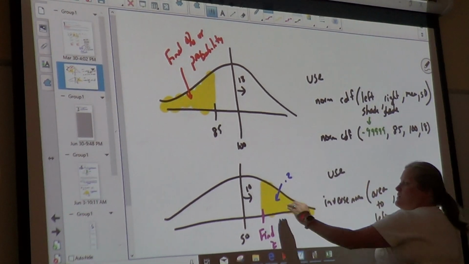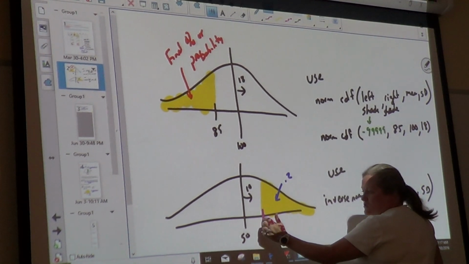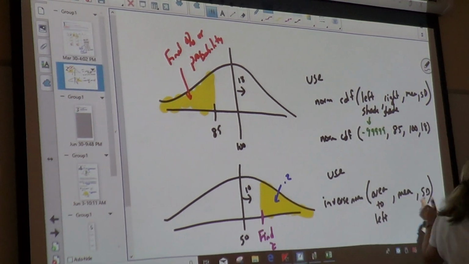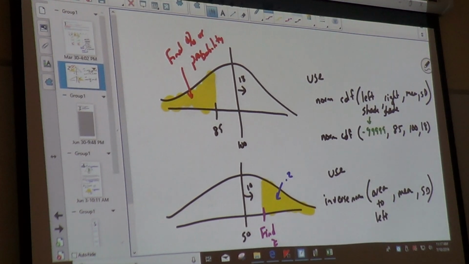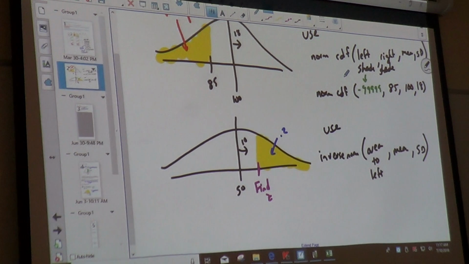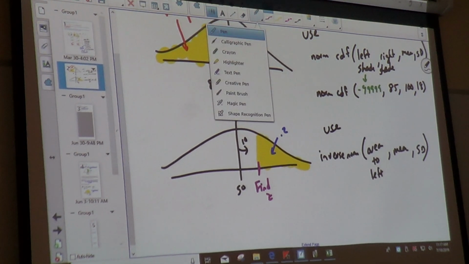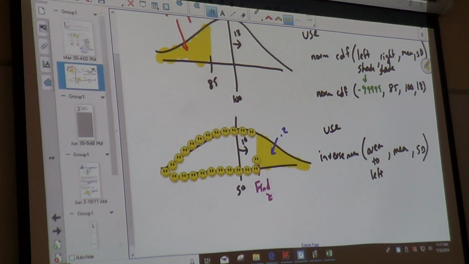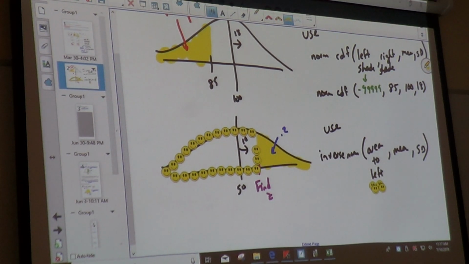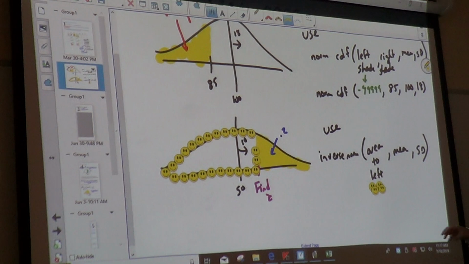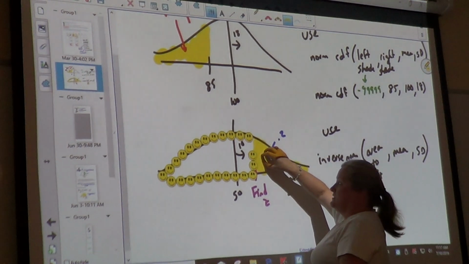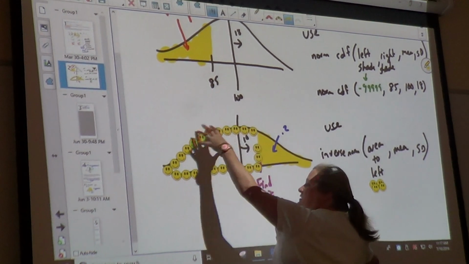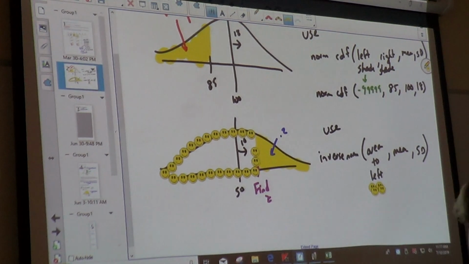Now, for this one, we're doing inverse norm because we're trying to find the z. So, for this one, we have to know the area to the left. They did not give me the area to the left, and the area to the left is what I need to know. So, if this is 20%, what is this going to be? 80%.